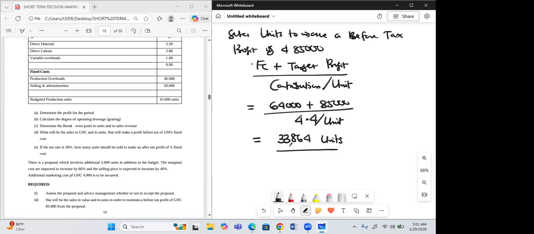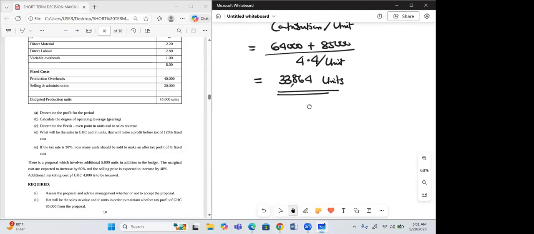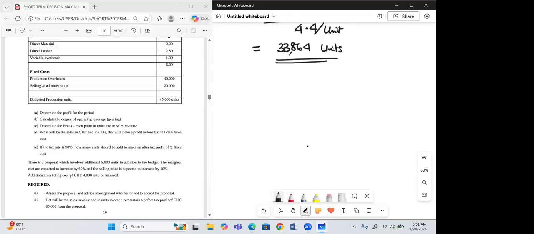But they are asking us for it in value too. So in revenue terms, if we want it in revenue, what will we do?